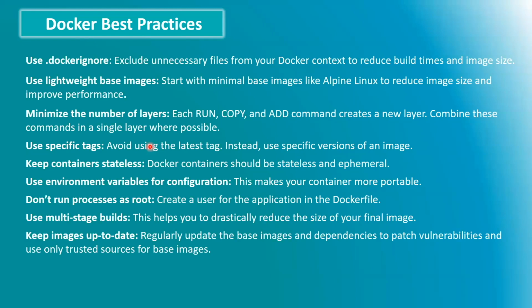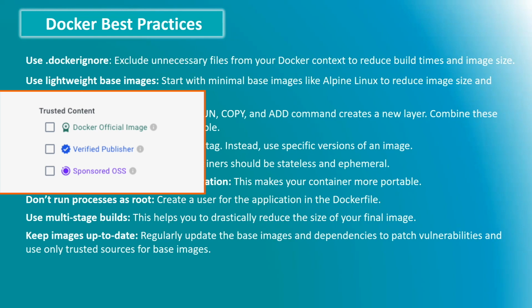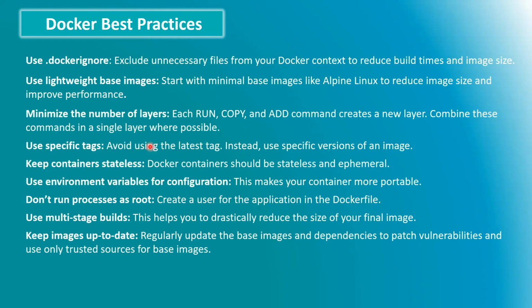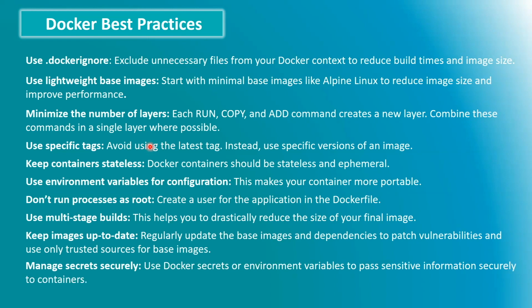And use base images only from trusted sources. We discussed three different image sources if you remember: Docker official images versus verified publishers versus sponsored OSS. And last but not least, manage secrets securely. Instead of hard coding passwords, API keys or any sensitive information, please use Docker secrets or cloud specific services like AWS Secrets Manager. So please do not hard code any secrets in your Docker container code or application code.